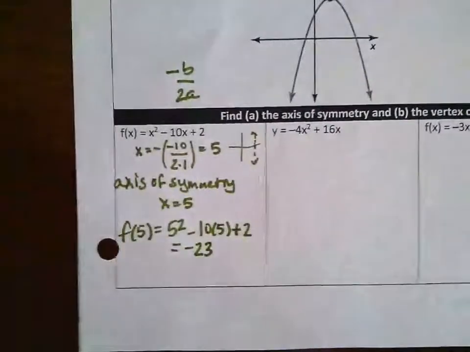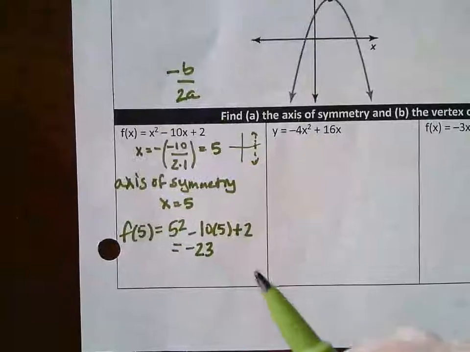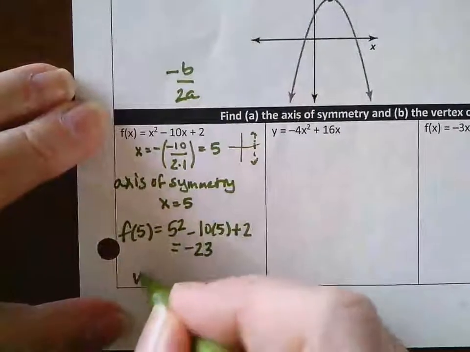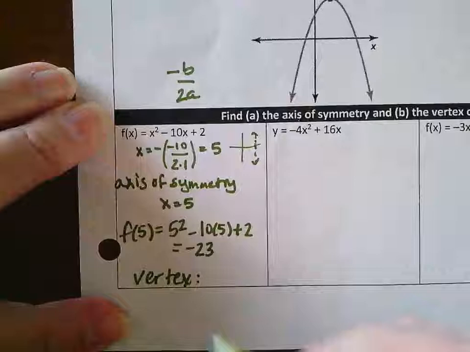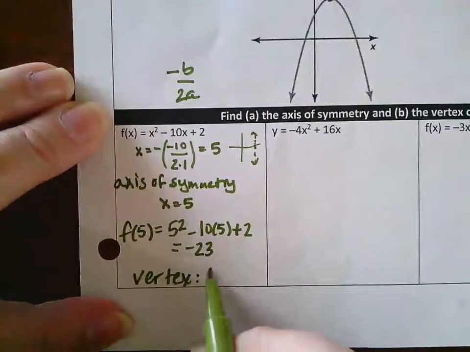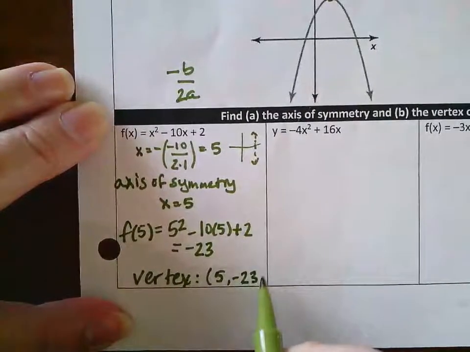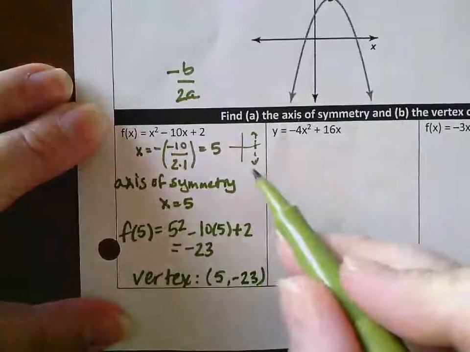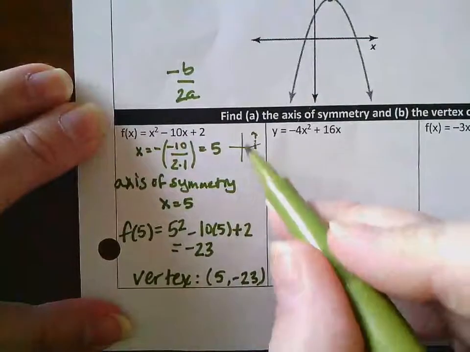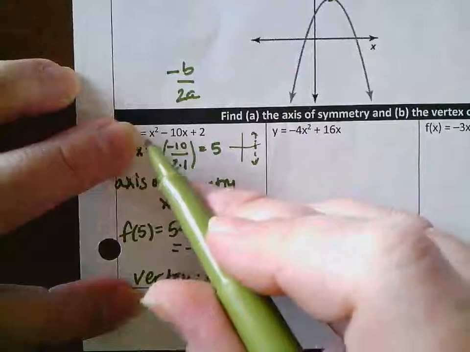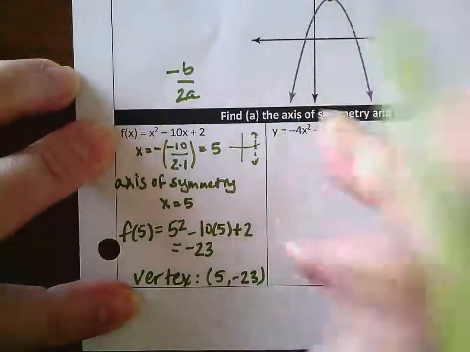So my vertex is, sorry, I had to move a cat. My vertex is 5, negative 23. So it's way down here. And then the graph from here, because this value is positive, would go up.